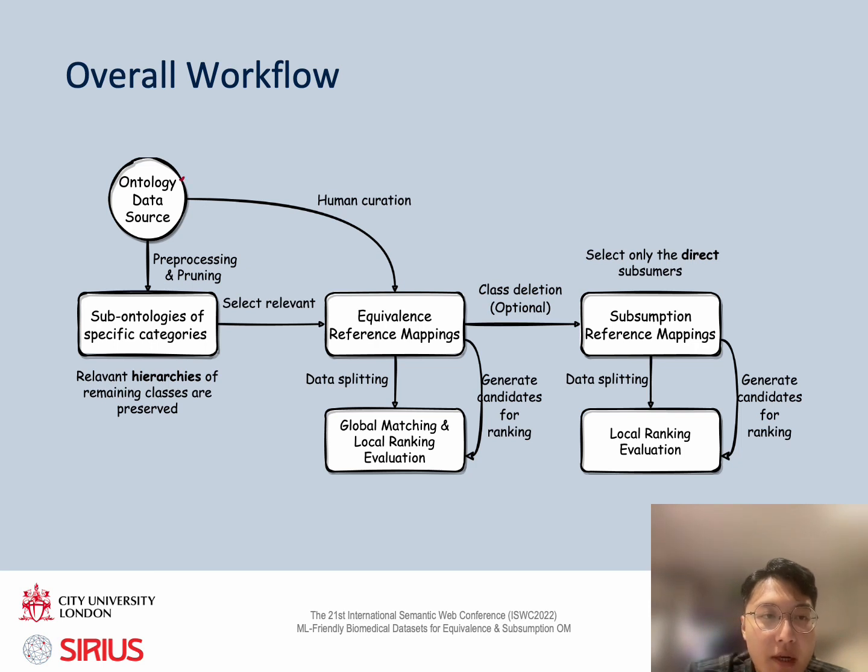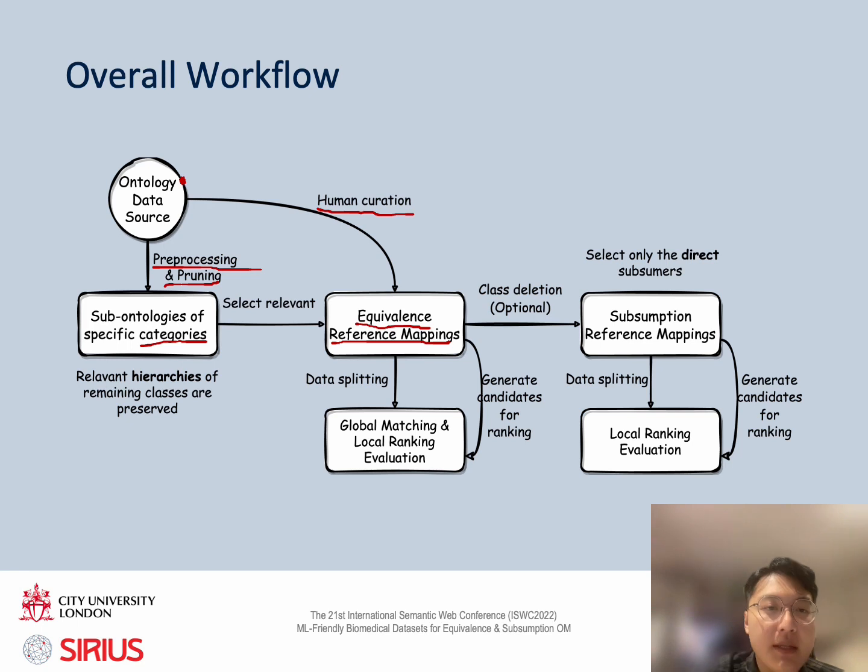First, we choose reliable ontology sources, in our case, UMLS and Mondo. They have human expert curation to generate high-quality equivalence reference mappings. And to generate scalable ontology pairs, we apply pre-processing and pruning to obtain sub-ontologies of specific categories.